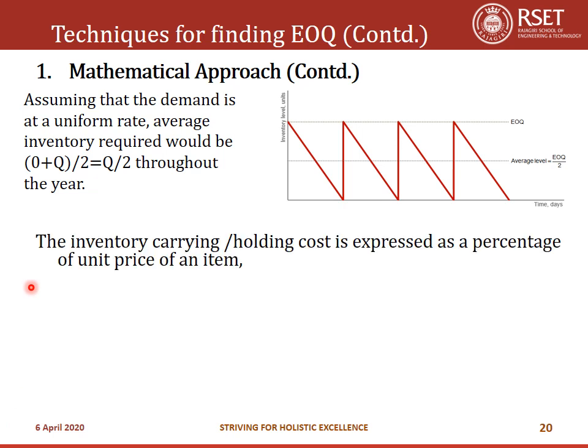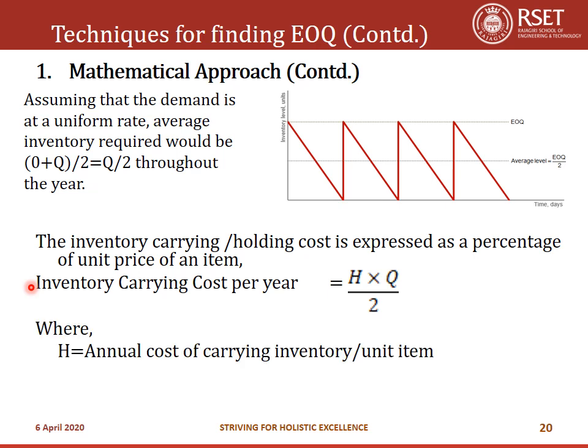So the inventory carrying or holding cost is expressed as a percentage of the unit price of an item. So inventory carrying cost per year is equal to H into Q by 2, where H is the annual cost of carrying a unit item, and Q is the order quantity, which is the number of units per lot.